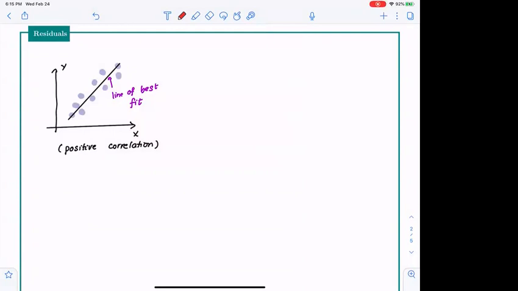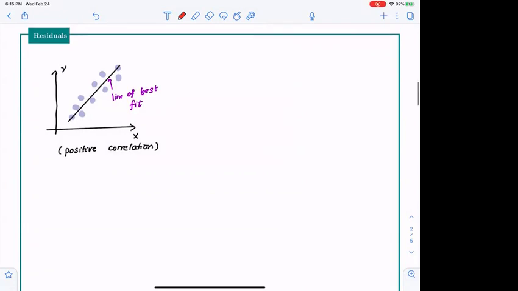So we have this line that is going through the data. So what we're trying to do is to find a model, a line, where we would be computing the values of a and b.